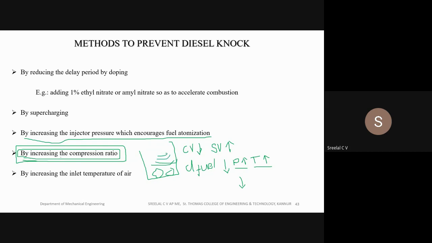So from this point you have to understand that in the case of SI engines we have to decrease the compression ratio, and in the case of CI engines we have to increase the compression ratio.